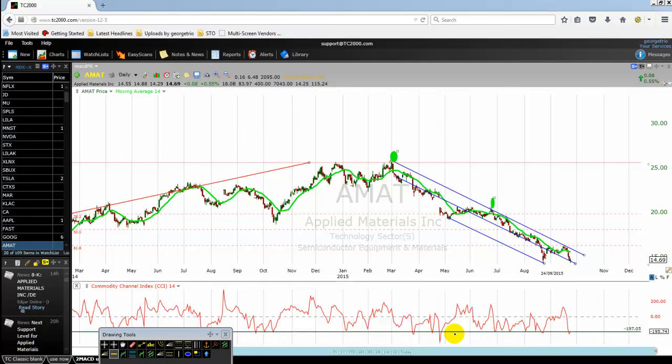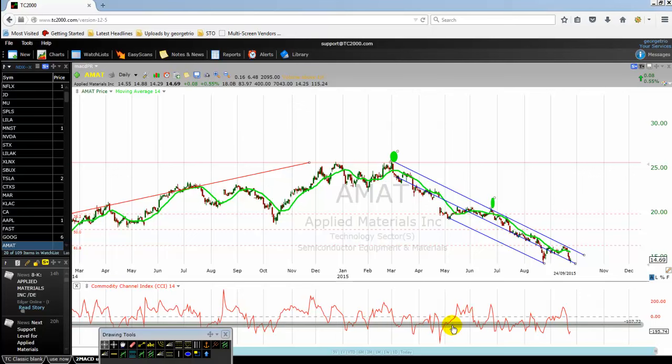It is oversold, all right? And we want to explain to traders how one can trade the oversold CCI indicator.